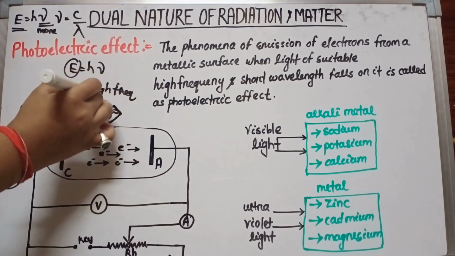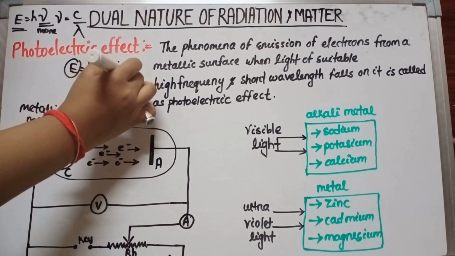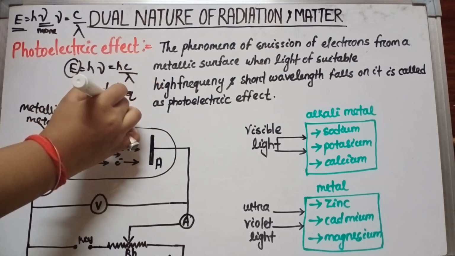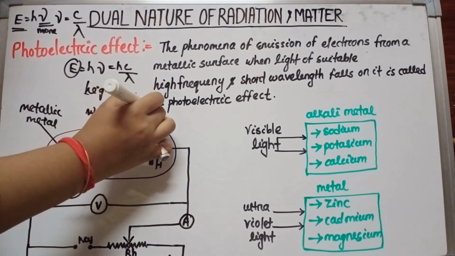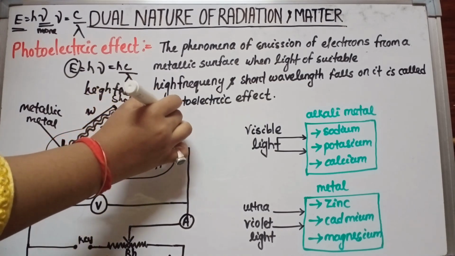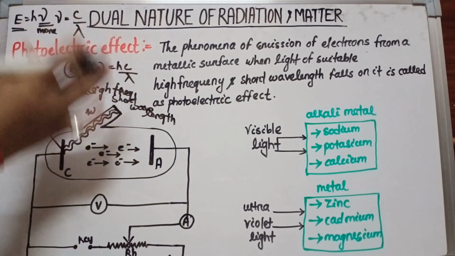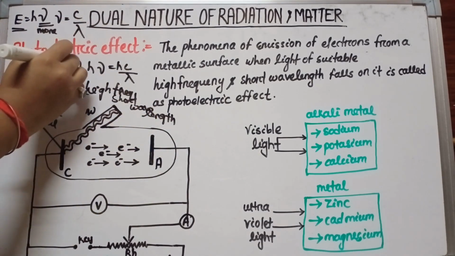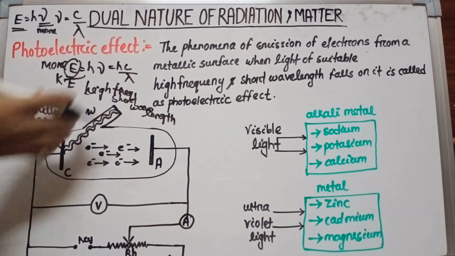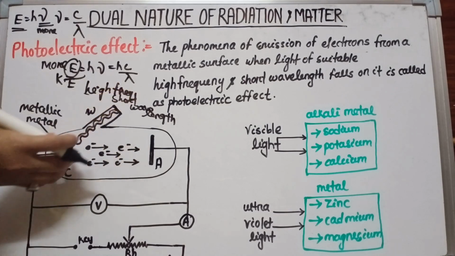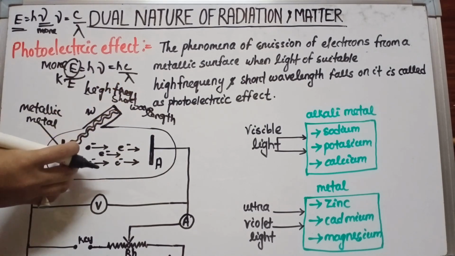So here we consider high frequency and short wavelength of radiation, so that the incident radiation has more energy, more kinetic energy. When this type of radiation falls on the metallic surface, emission takes place.